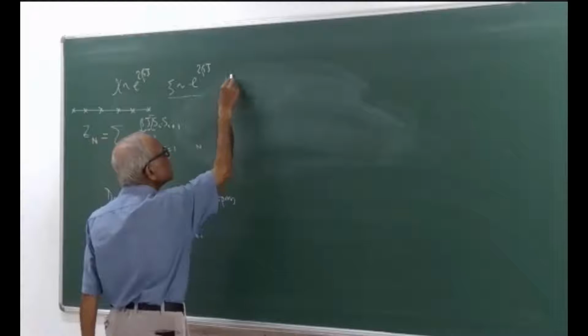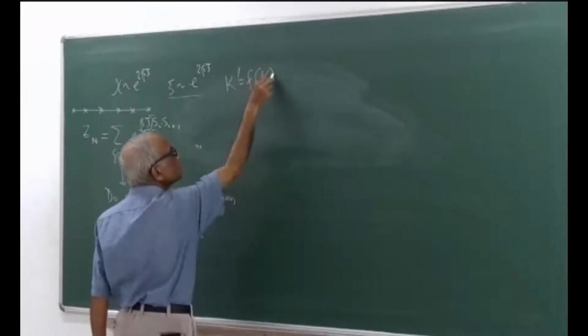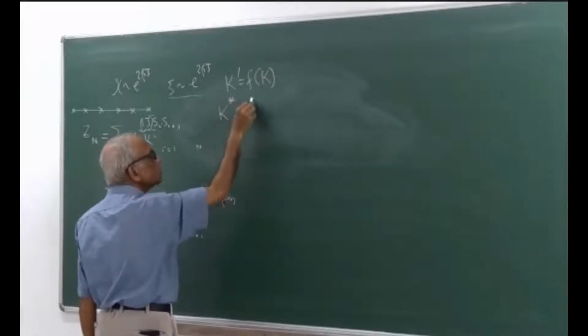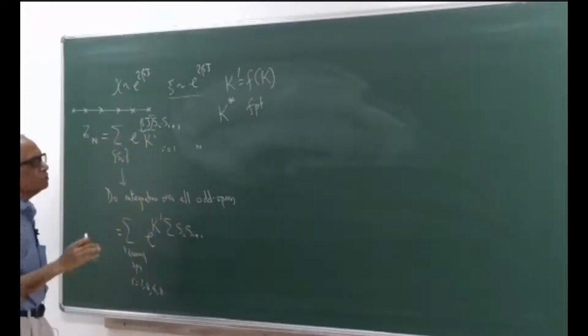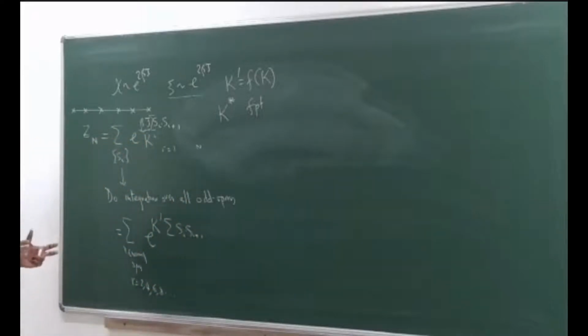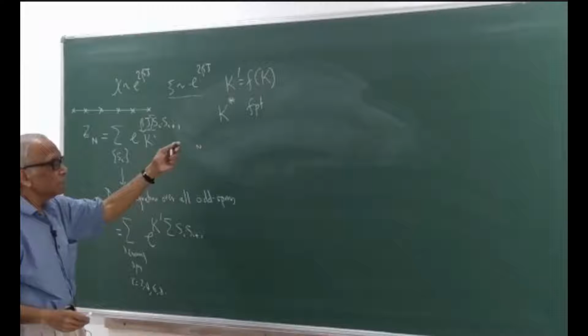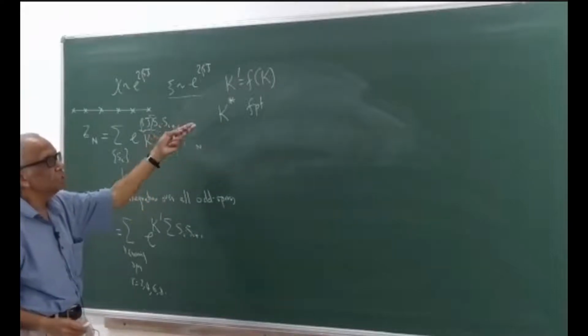The whole idea was that I got K prime equal to some f of K, and I looked at the fixed point K star of this transformation, and this part is just maths. Now comes the key issue: you want to relate K star to criticality.